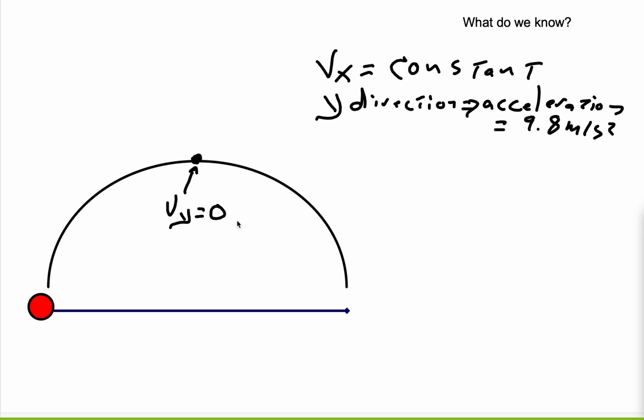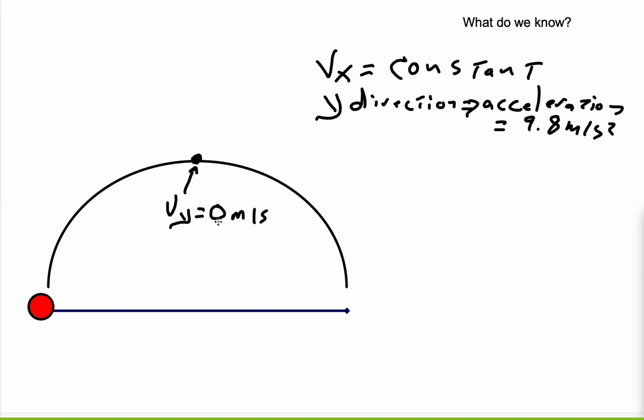That's right. So at that very top point, in the y direction, the speed will be 0. So it was losing speed in the y till at that one moment in the up and down direction, it won't be moving, and then all of a sudden it'll be picking up speed again and falling.